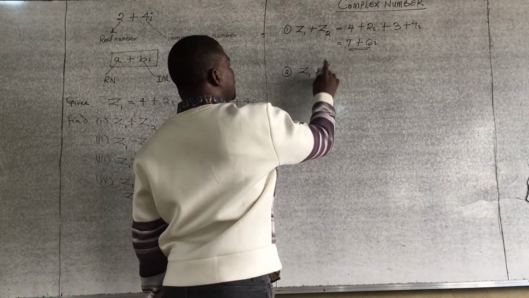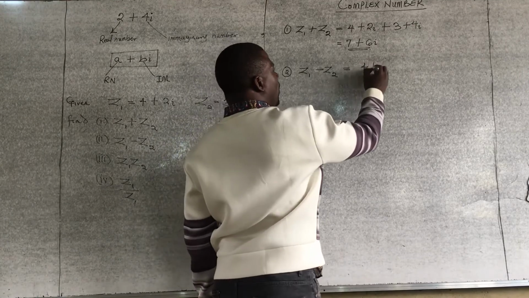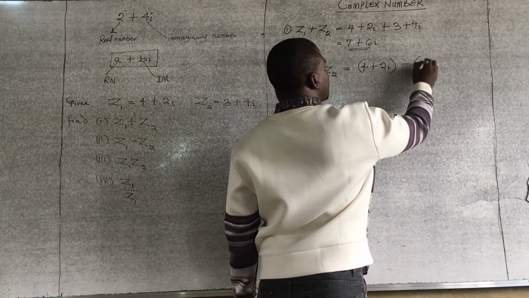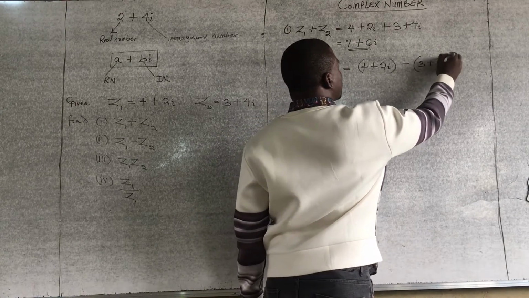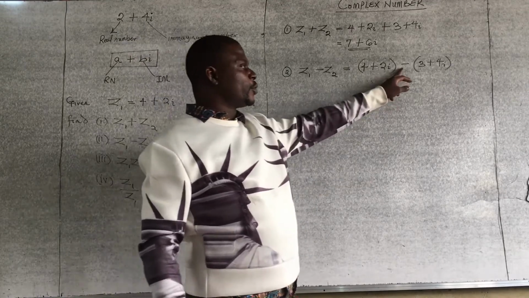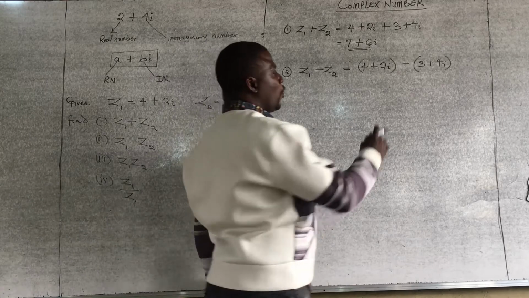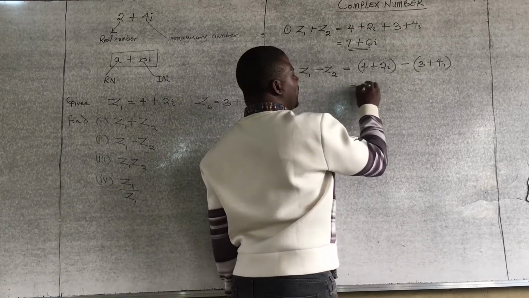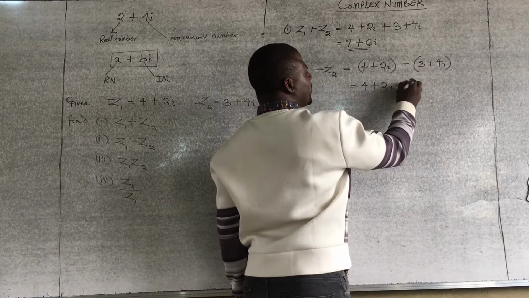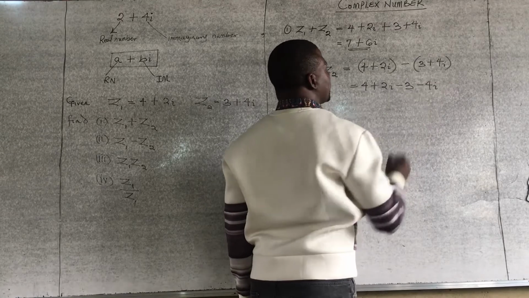Then number 2, Z1 minus Z2 means that I'm going to subtract. So 4 plus 2i minus (3 plus 4i). Now why do I need to put a bracket this time? Because this minus will affect the two numbers. So by the time I open it up, I'm going to have 4 plus 2i, minus times 3 is minus 3, minus times plus is minus 4i.